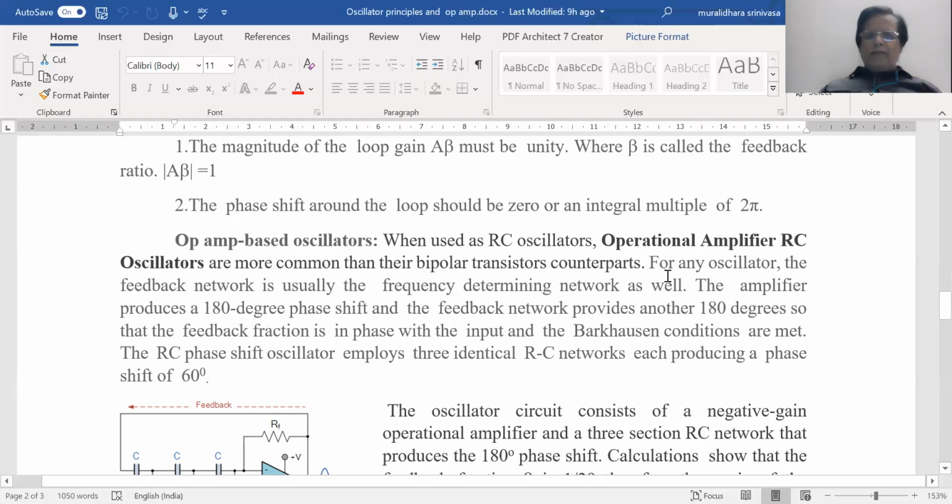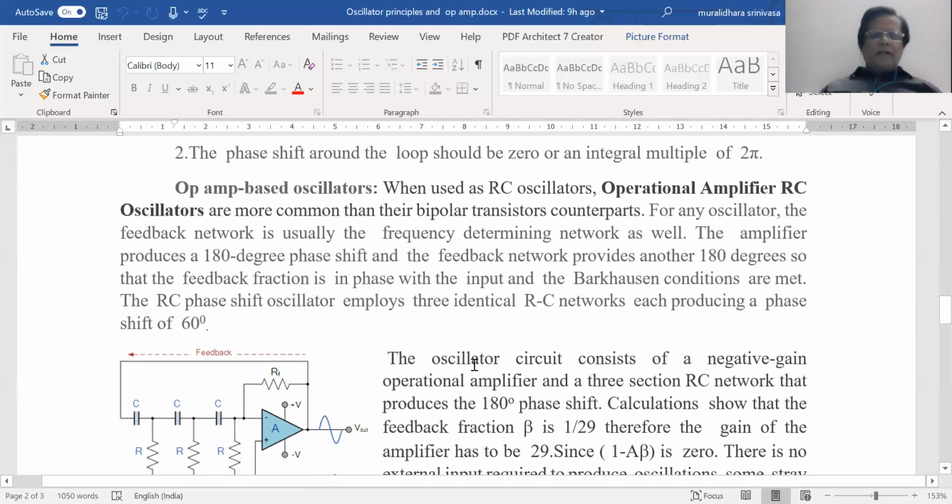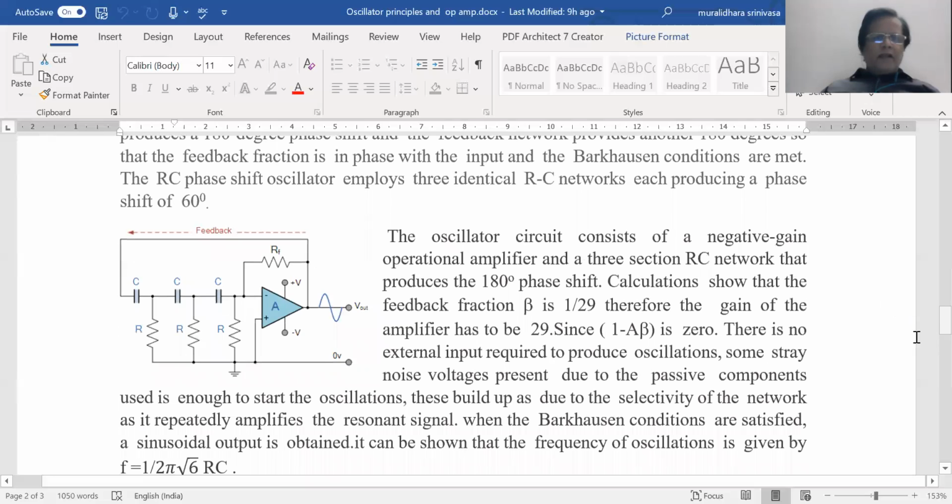Now, operational amplifiers are very popular in terms of serving as devices for constructing oscillators, particularly RC oscillators. So we have one RC oscillator here, which is the phase shift oscillator. The phase shift oscillator, as you can see here, makes use of 3 RC networks.